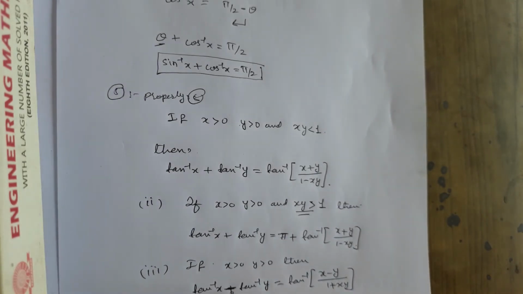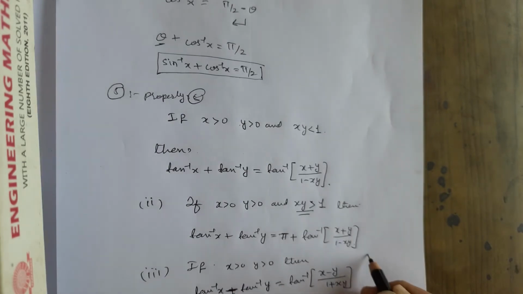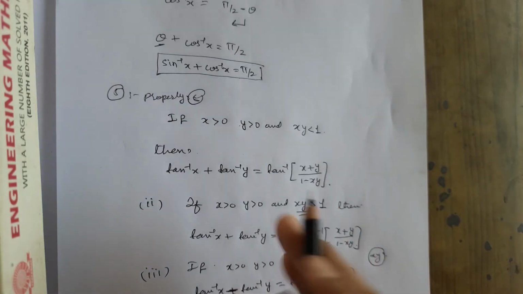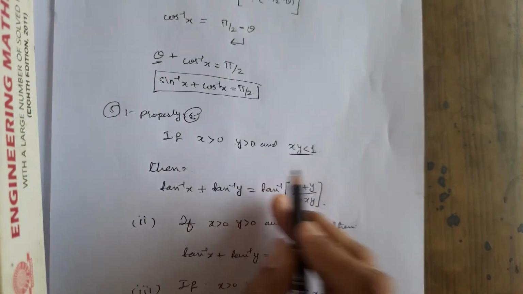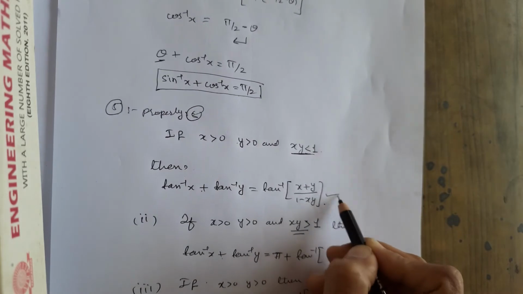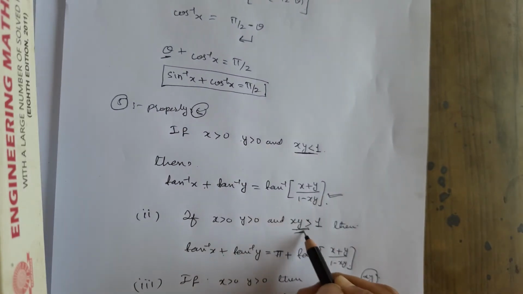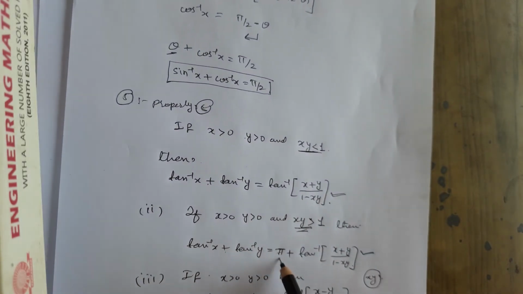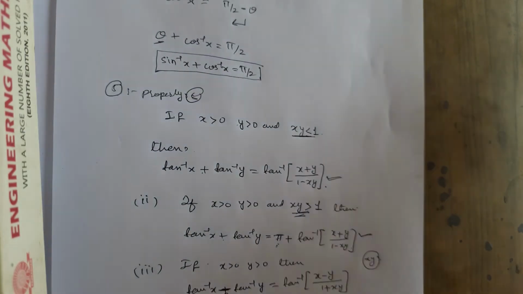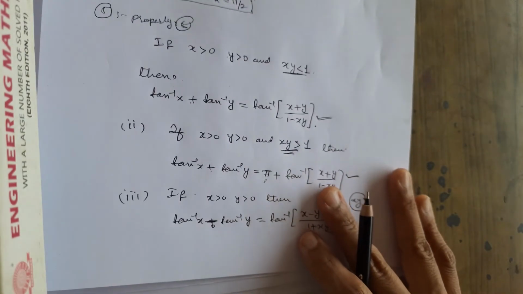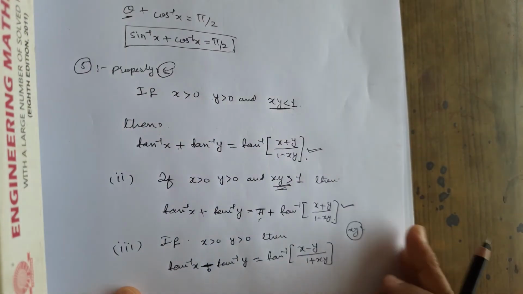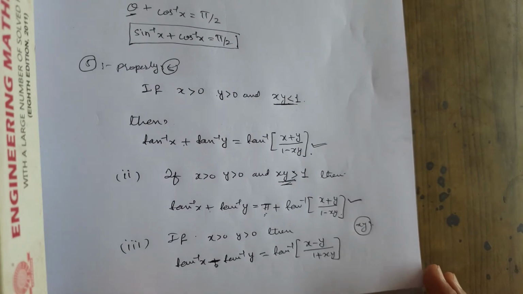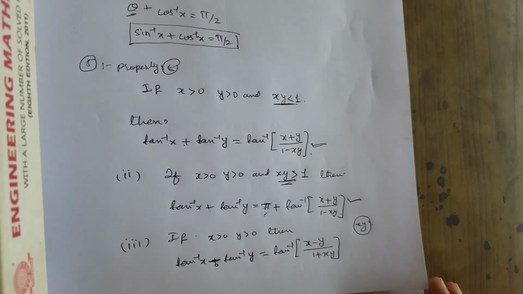So for the minus sign, you don't need to check the product of x into y. But for the plus sign, you need to check the product of x into y. If it is less than 1, then you write this formula. If it is greater than 1, then you need to add pi here. Okay, so these are the other properties of the inverse function. So that's all. I'll show you the proof of any one property. What will I show?